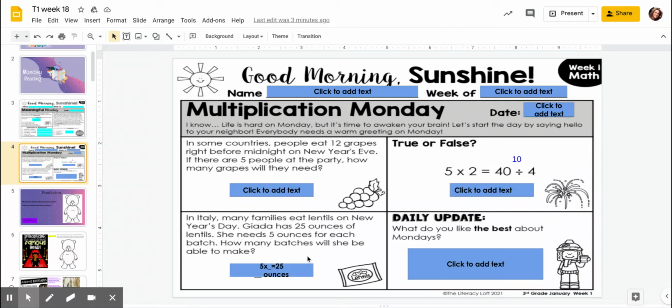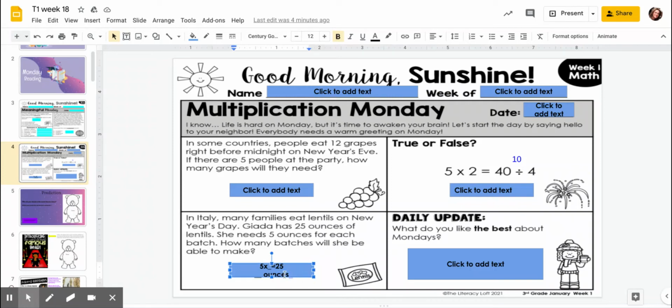Just like you did in the previous equation, you can skip count, you can do repeated addition, you can draw an array. You can start with one row of 5 and keep making rows of 5 until you have 25 total dots or stars or whatever you like to make arrays with. But you're looking for this missing number, 5 times what equals 25. And then you're going to put that missing number here because that is what we're talking about. That many, or no, sorry, not ounces. Typo. It says batches.